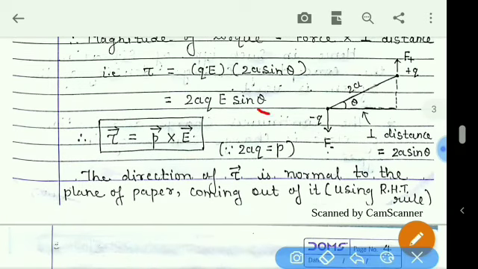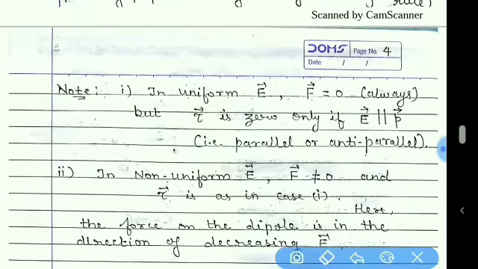You can see if this angle theta is 0, then sine 0 is 0, and 0 into anything will be 0. So in that case, when this electric field and dipole moment are parallel, then the torque will be 0.